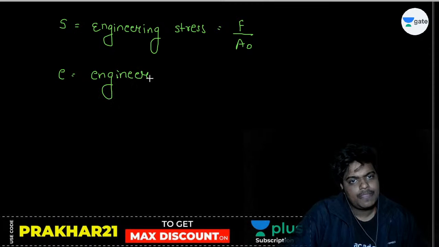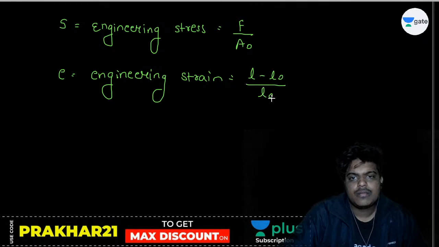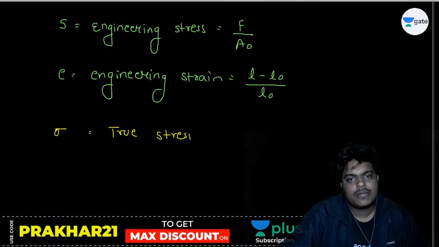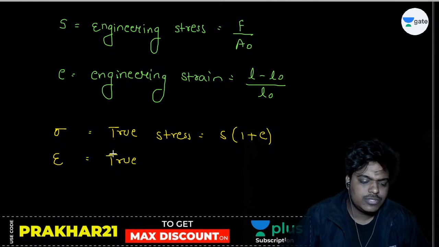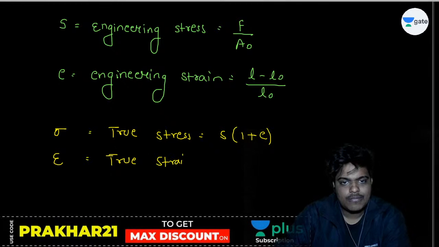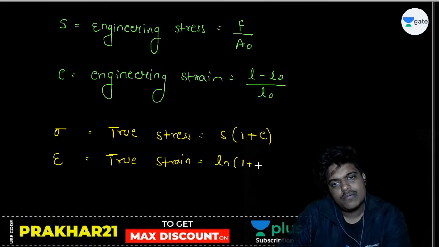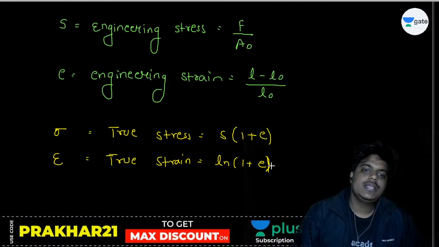Engineering strain is change in length upon original length, ठीक है. फिर उसके बाद सिग्मा, this is true stress, this is S into 1 plus E, clear, and epsilon, this is true strain. This is log of 1 plus E.